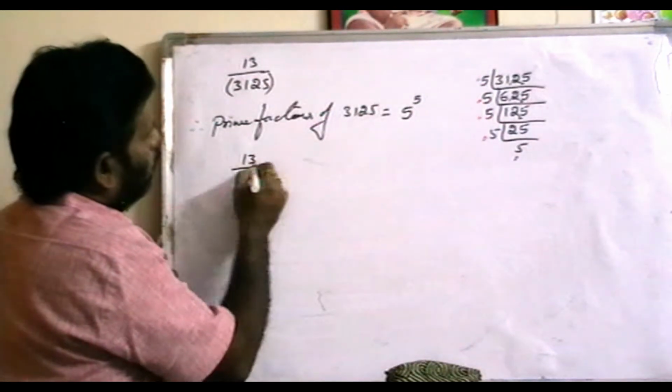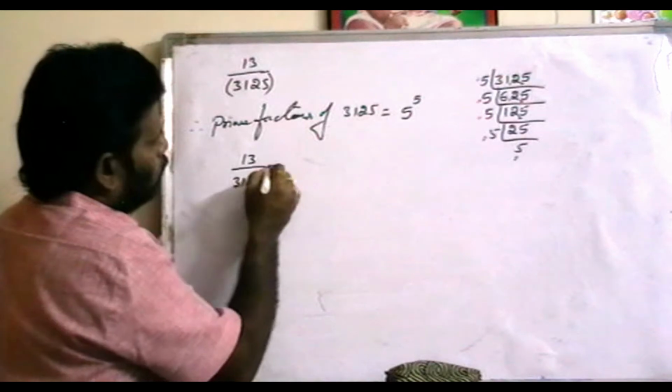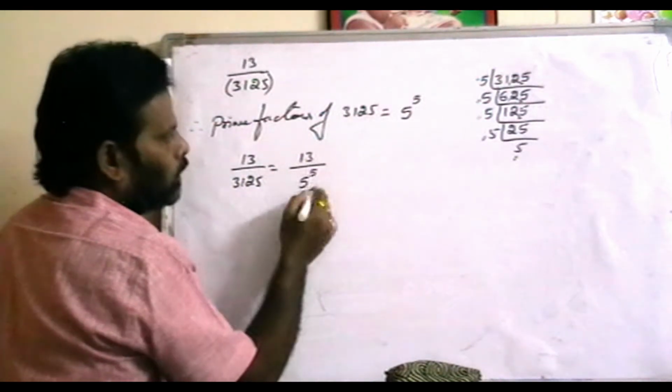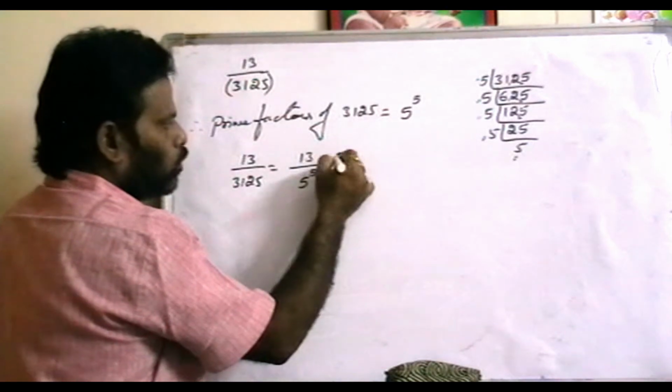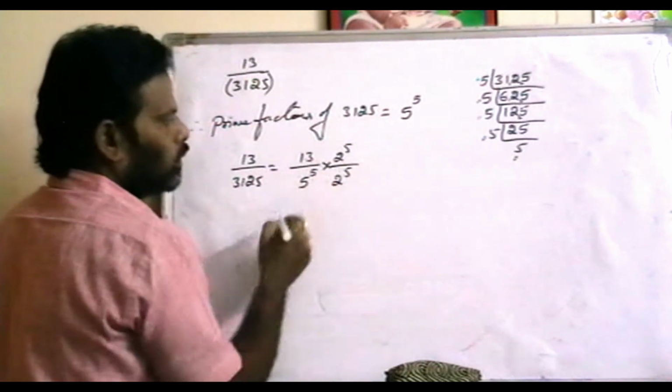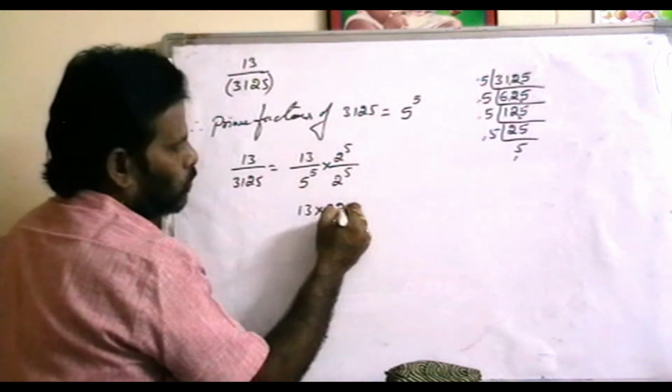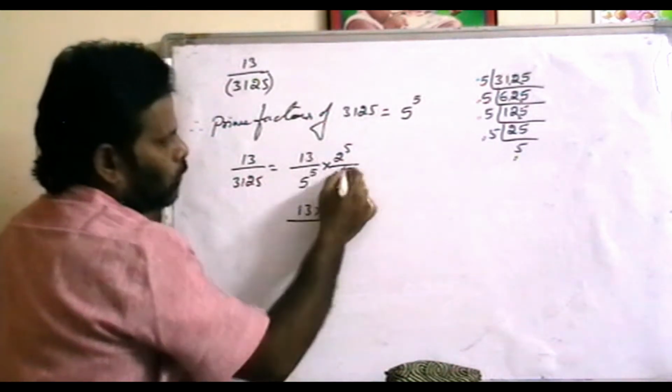So 13 by 3125, with denominator 5 to the power of 5, if you multiply by 2 power 5 by 2 power 5, we get 13 into 2 power 5, which is 32, by 2 power 5 into 5 power 5.